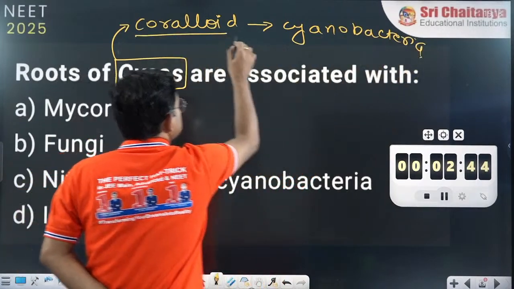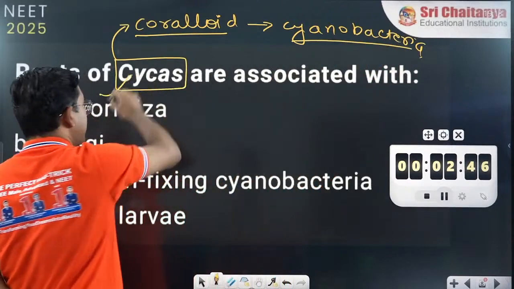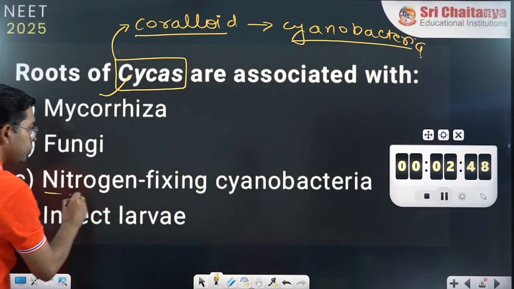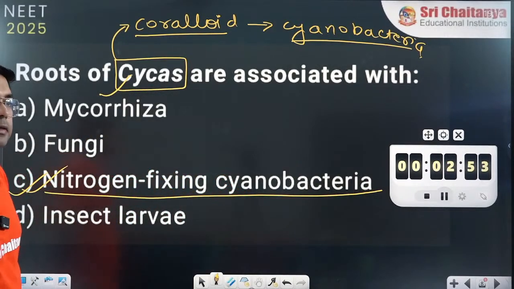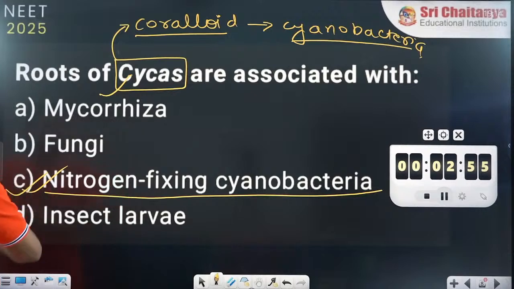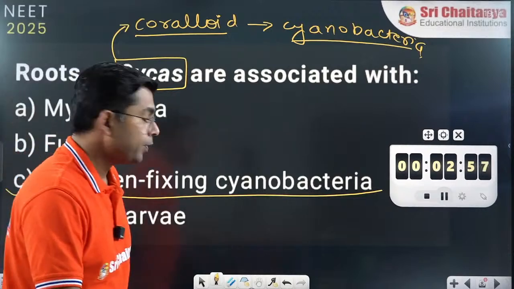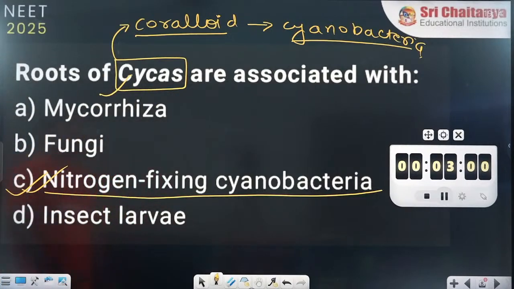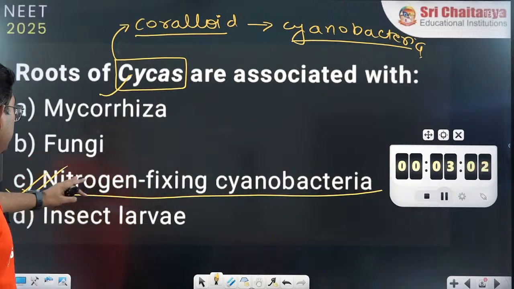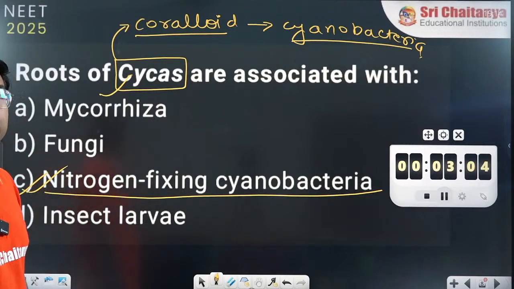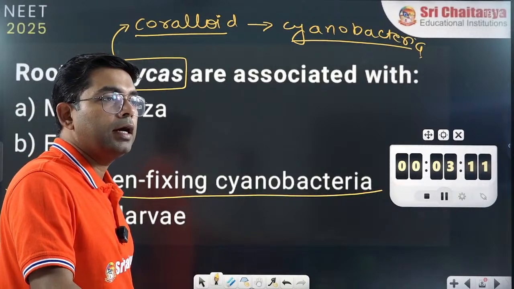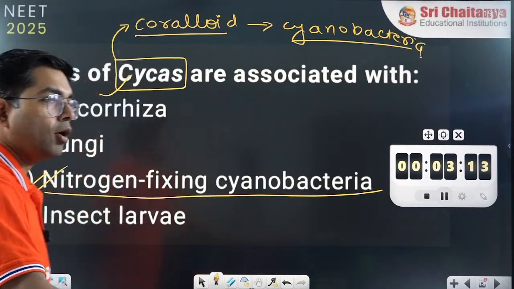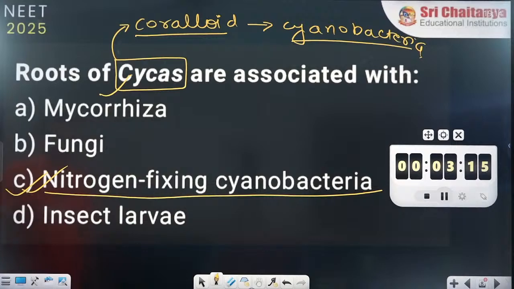C4 coralloid, C4 cyanobacteria, C4 Cycas. So nitrogen fixing cyanobacteria will be the right answer, so the answer is also C. So root of Cycas is associated with nitrogen fixing cyanobacteria. Very good. Most of you have given the right answer. Now let's move ahead.